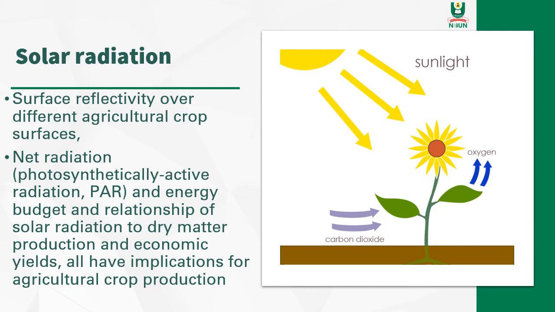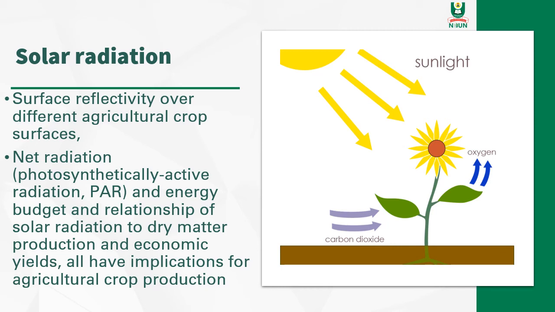Yes, so what you want to know is, how does solar affect dry matter production, and how does it affect the economic part of the plant, and what implications does this solar have on crop production? These are the things that you want to know with solar radiation.